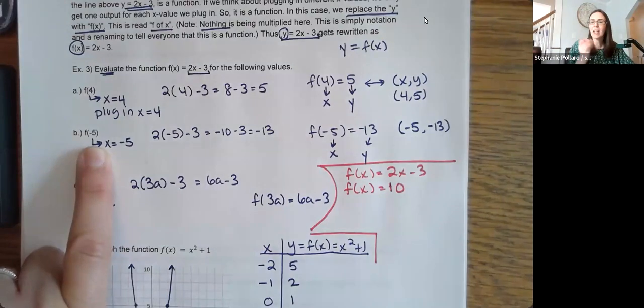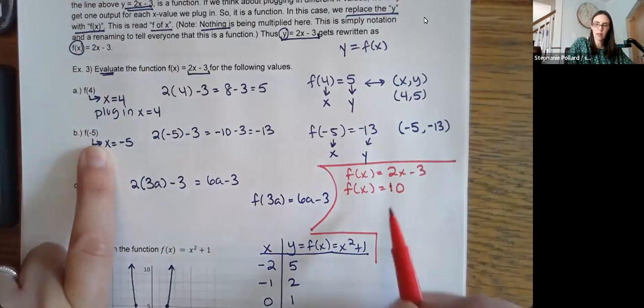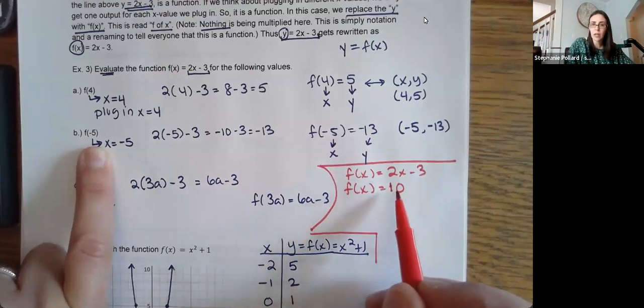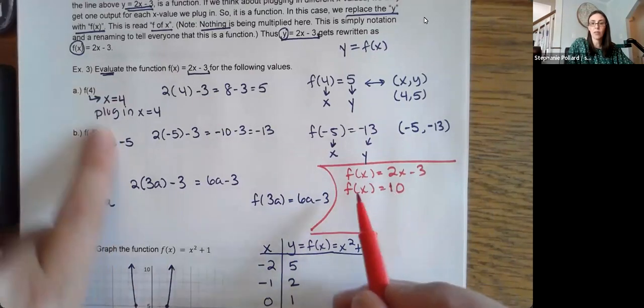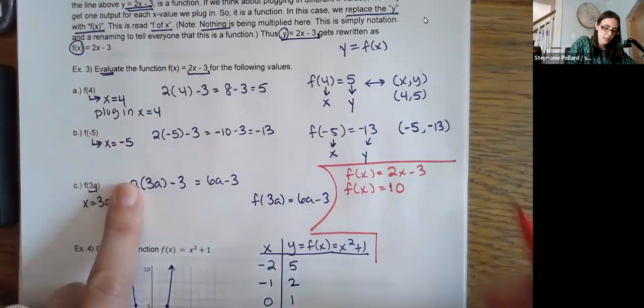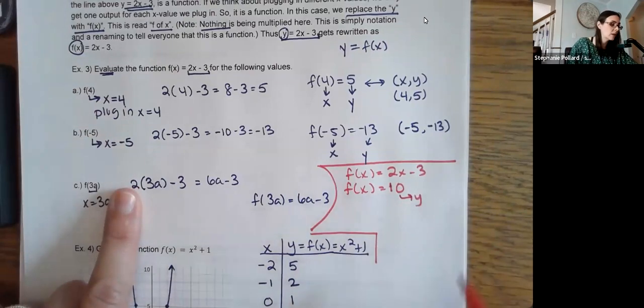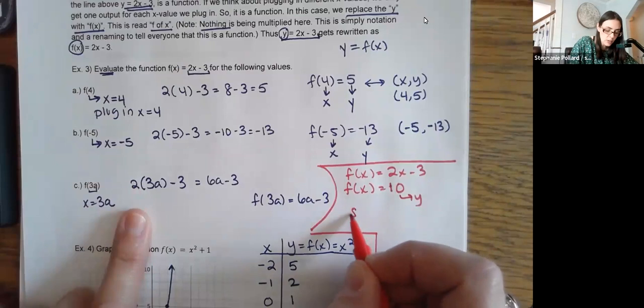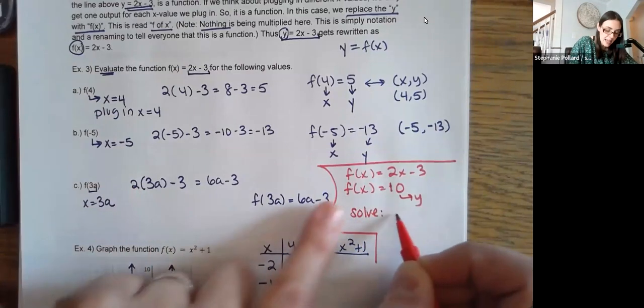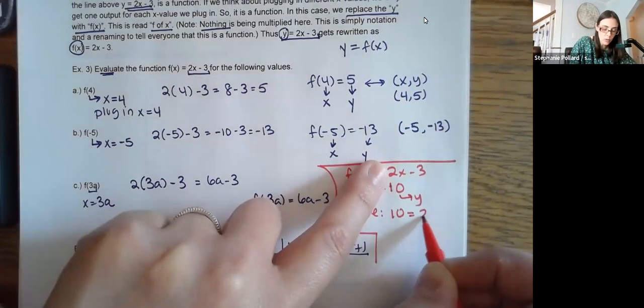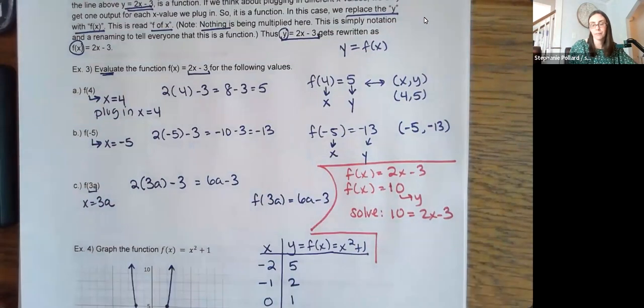F of x equals 10, not f of 10. Instead of putting the 10 in the parentheses, they made it equal to. That's not the same thing. These are different things. When this is the case, they're basically telling you the y value, and they want you to solve instead: 10 is equal to 2x minus 3.